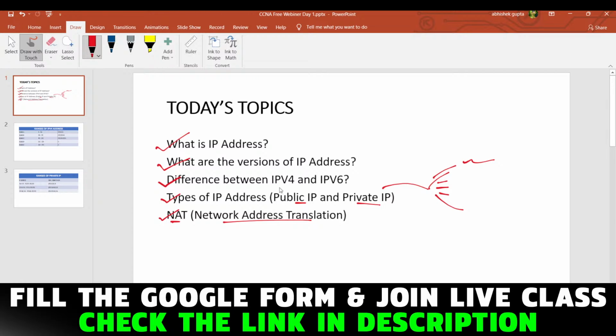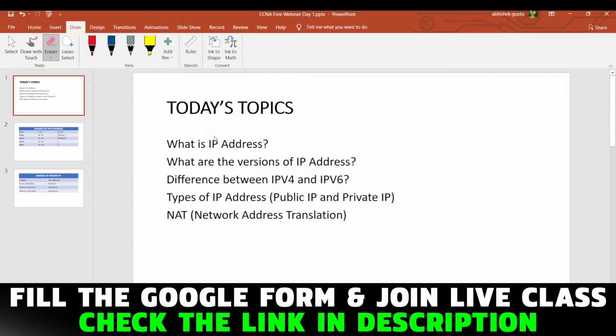So let's start with the IP address. Matt, I'm asking you, tell me what is an IP address? Yeah, well, I think an IP address is the part of the network that enables the different computers on the network to share data among themselves, to communicate among themselves.